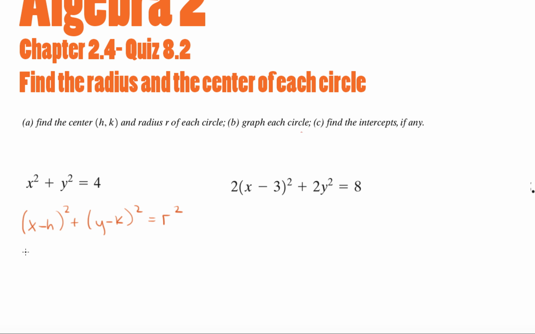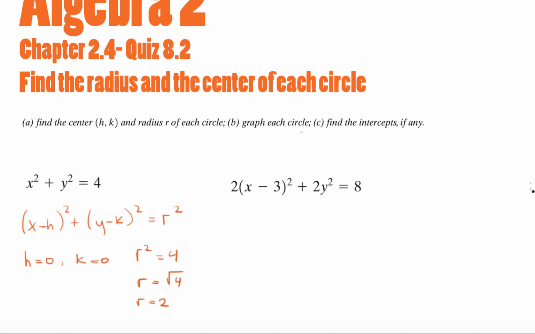Well, h must be 0. And if you have y squared, that means that k is 0. And equal to 4. Therefore, if I want to find the radius, I have r squared equal to 4. Therefore, r equals the square root of 4, which means that r equals 2.